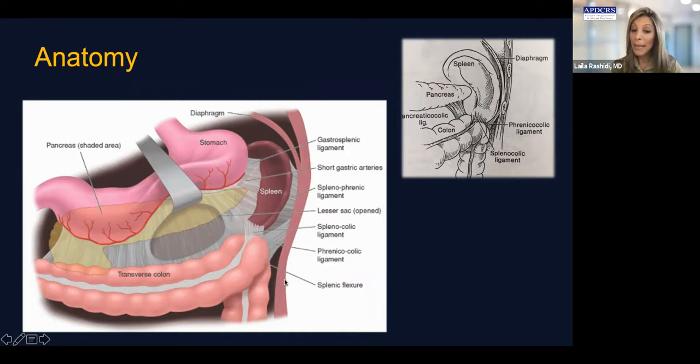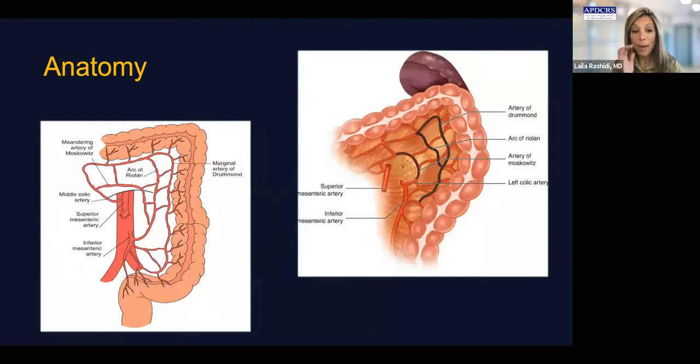The phrenocolic ligament is removed while you're coming from your lateral portion. And then once you want to get to this lesser sac here, you want to be over this pancreas. So that's one of the structures that can get injured. And of course you have your stomach here. So you see there's a lot of important structures around that you don't want to injure: the spleen, stomach, and pancreas, and also the small bowel and vessels that we will talk about.